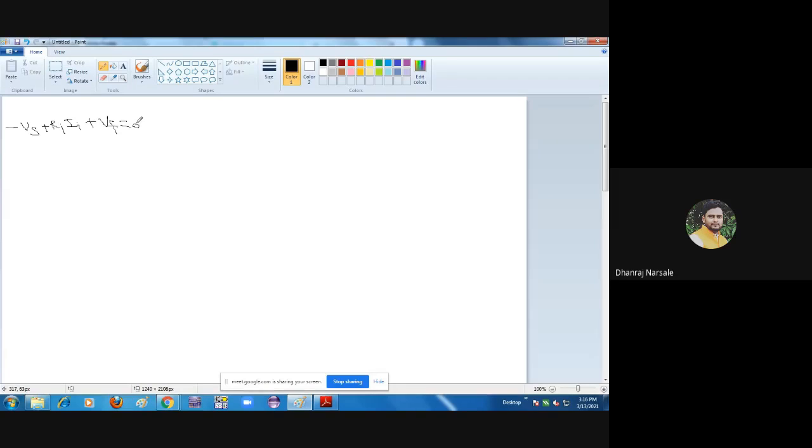From this equation, I want VS, so VS is equal to, just move it to the right side, VS is equal to RI into II plus VF. Is it correct? Yes, sir. Okay. Then put the value of VF. What is the value of VF here?